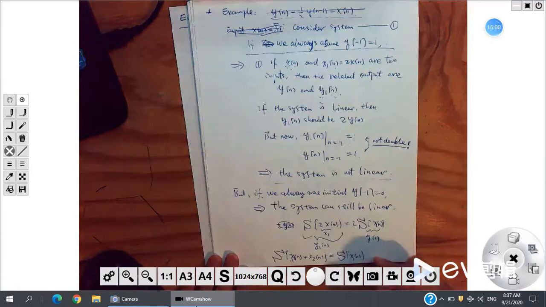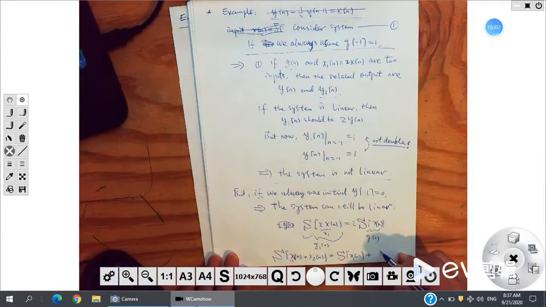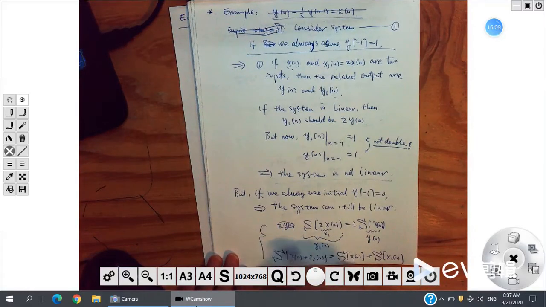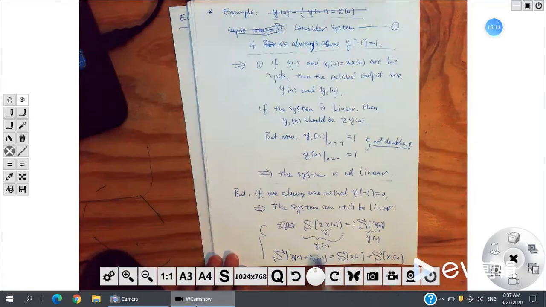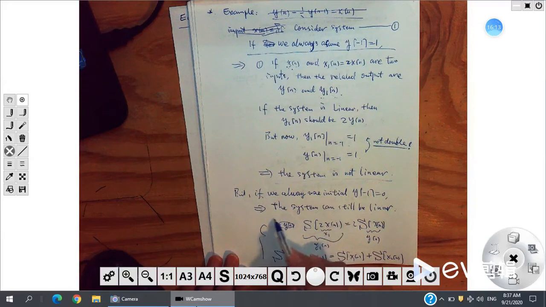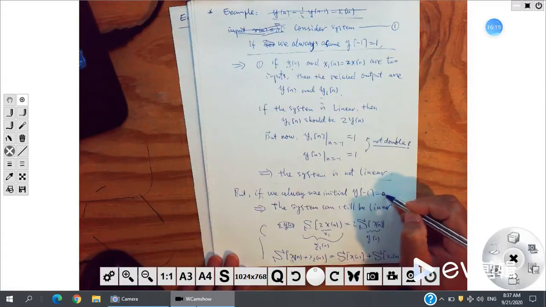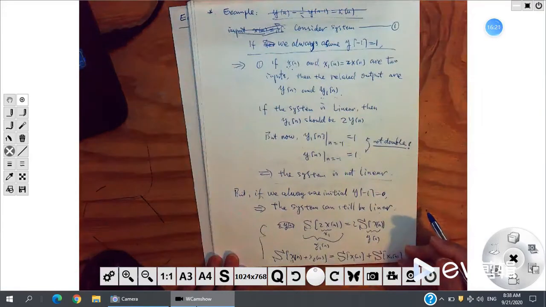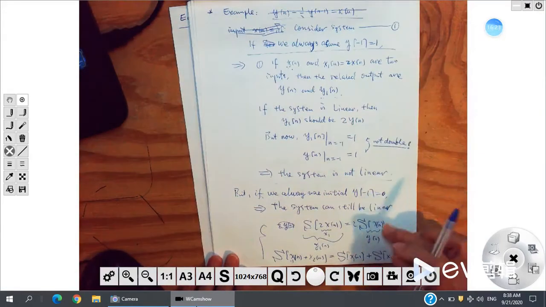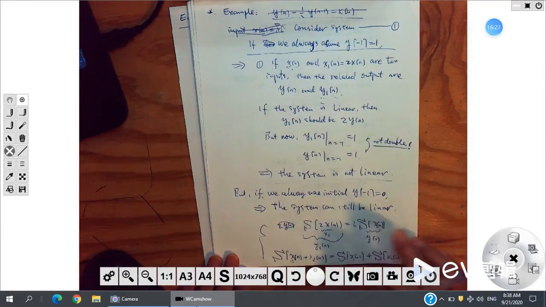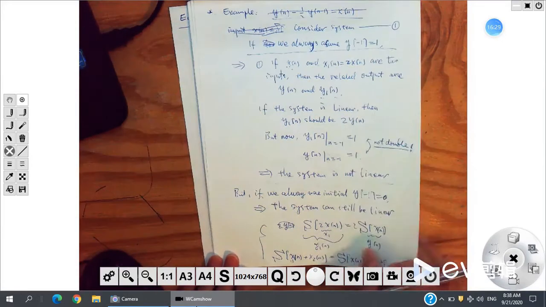This is one output. This is the second output. So we still have this. You can show it step by step. So the system can still be linear. Here is a 0. You set it to 0, you can make it linear. If it's not zero, a non-zero value, then it won't be linear. Okay, this is one thing.